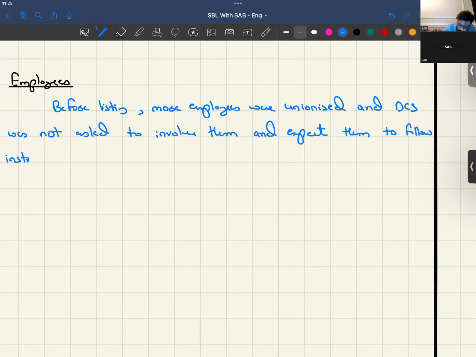They were not allowed to be in the decision making, and they were only allowed to follow the instructions.